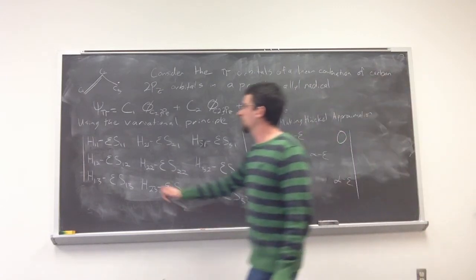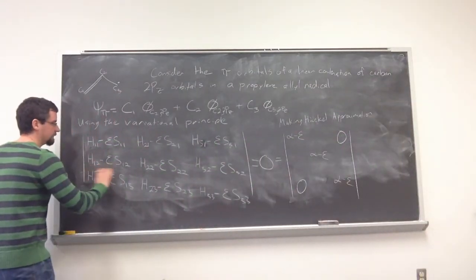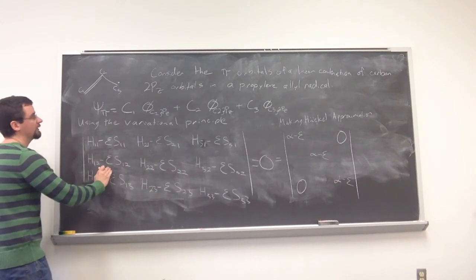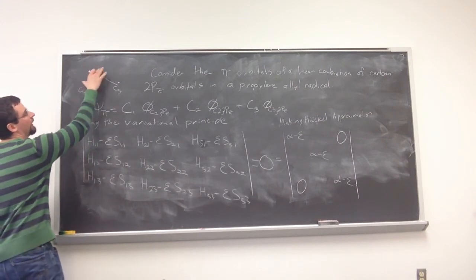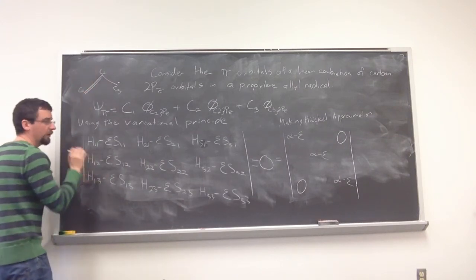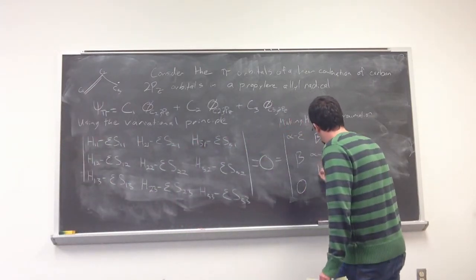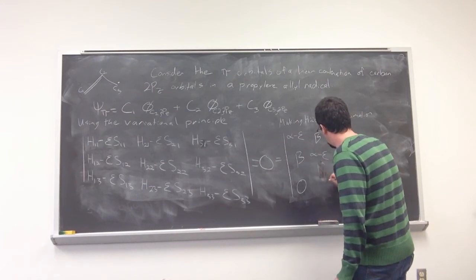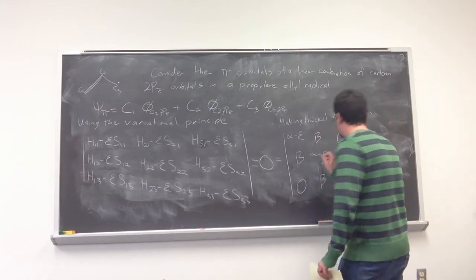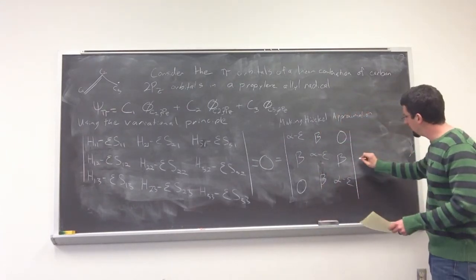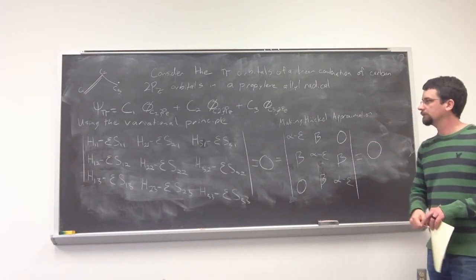Then any of these integrals that are connected for atoms or orbitals close to one another, those are approximated to be beta, that resonance integral. As such. And again, that's all equal to 0.